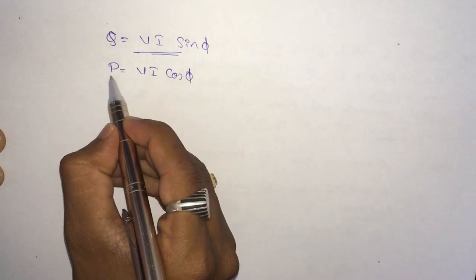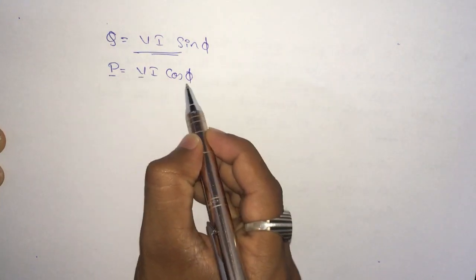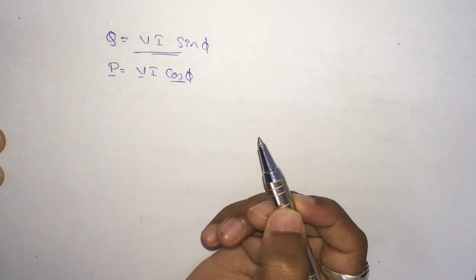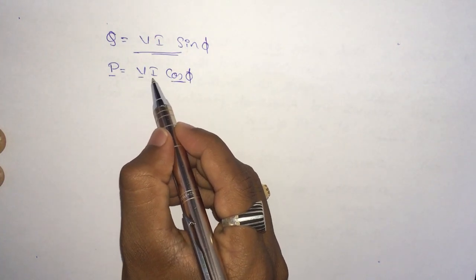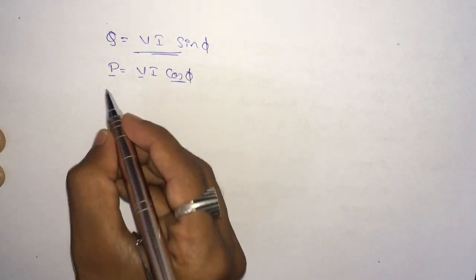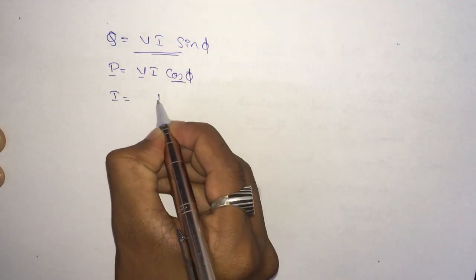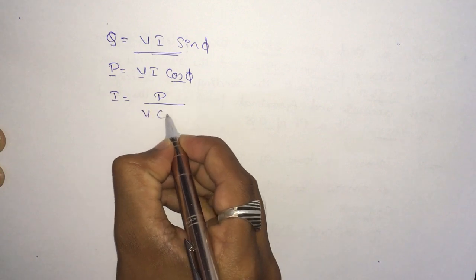In this formula we know the value of P, V, and cos phi, so the only unknown parameter is I. We can calculate I with this. I is equal to P divided by V cos phi.